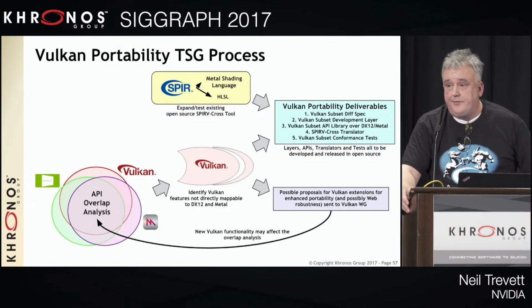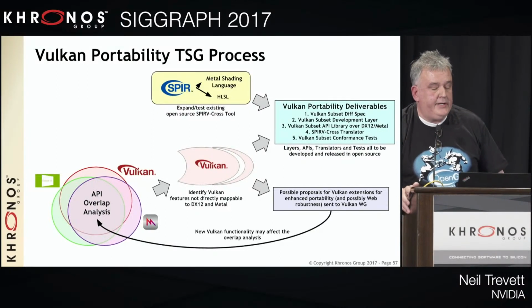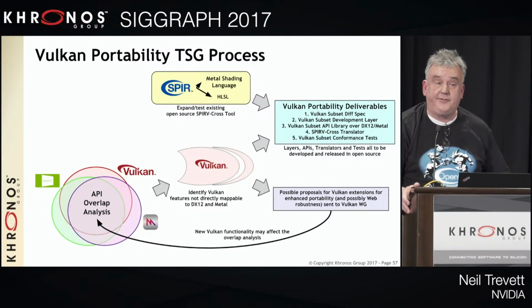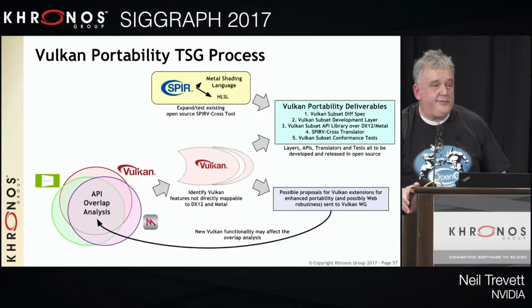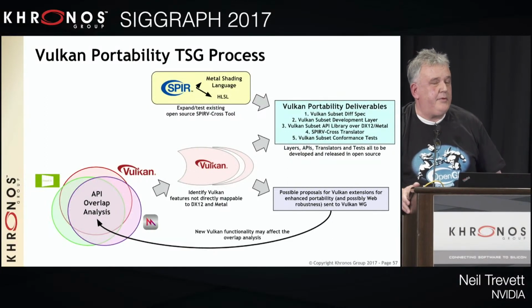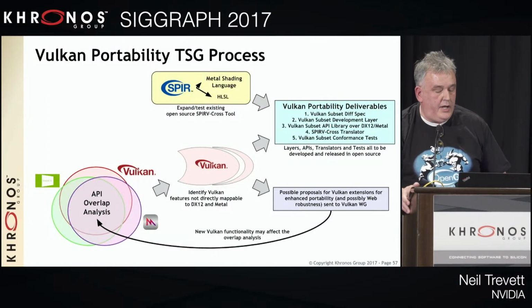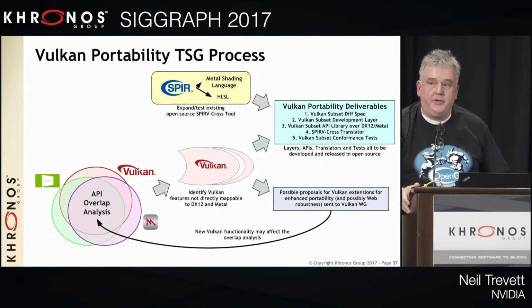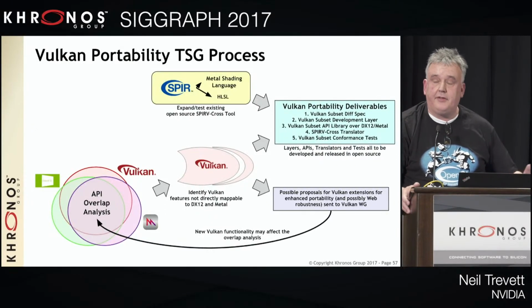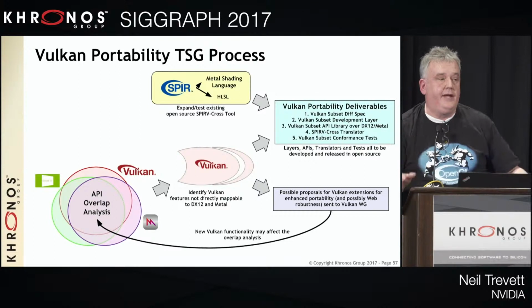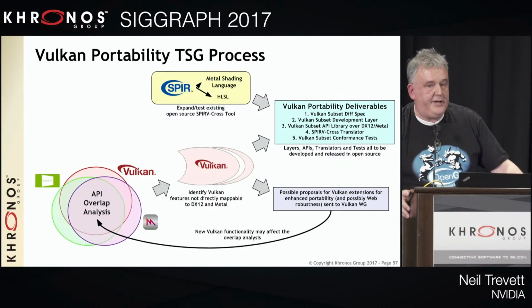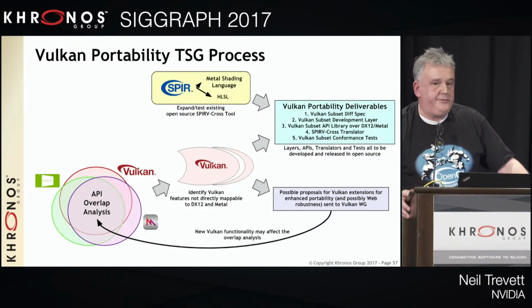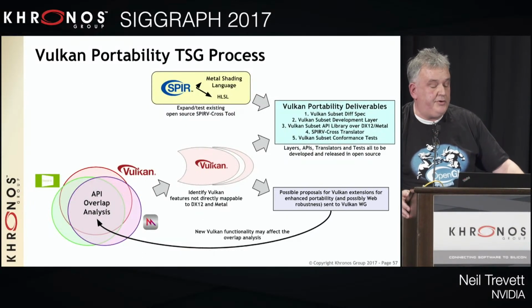So that's the project we have ongoing. We're established as a subgroup of Vulkan, so we're not hijacking Vulkan. Everything we do gets agreed and reviewed by the main Vulkan working group. But right now we're doing the overlap analysis between the three APIs to see what the API surface of the intersection is. And the early results coming in, I'm sure it's not a surprise to most of you here, it's actually looking pretty good.